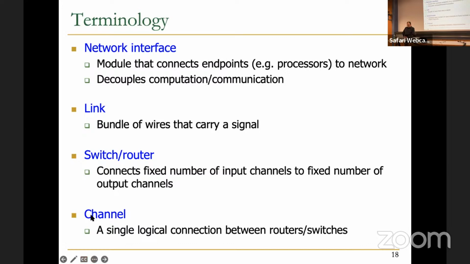And you can see that this is to connect a fixed number of input channels to a fixed number of output channels, essentially. And a channel is a single logical connection between routers and switches. You can think of a channel as very similar to a link, but the only difference is that channel is a logical terminology.